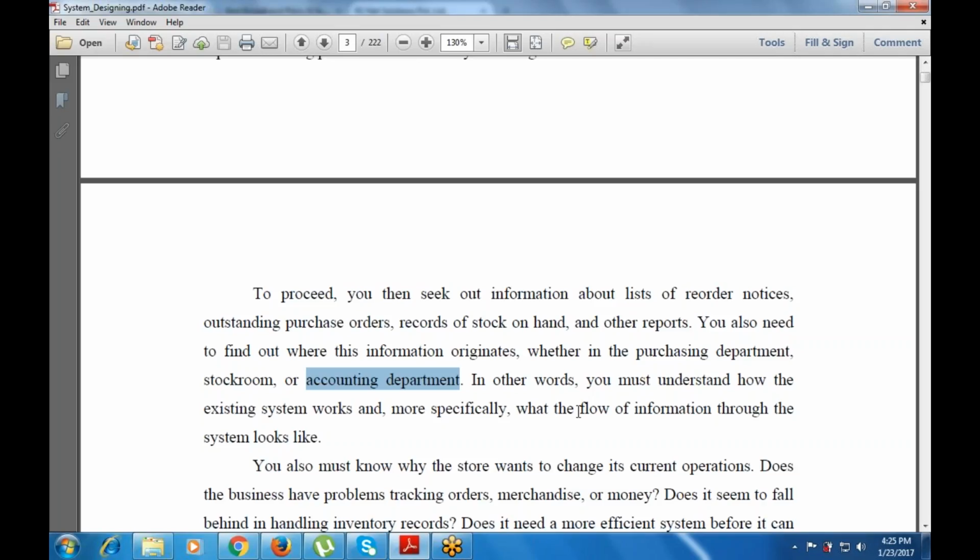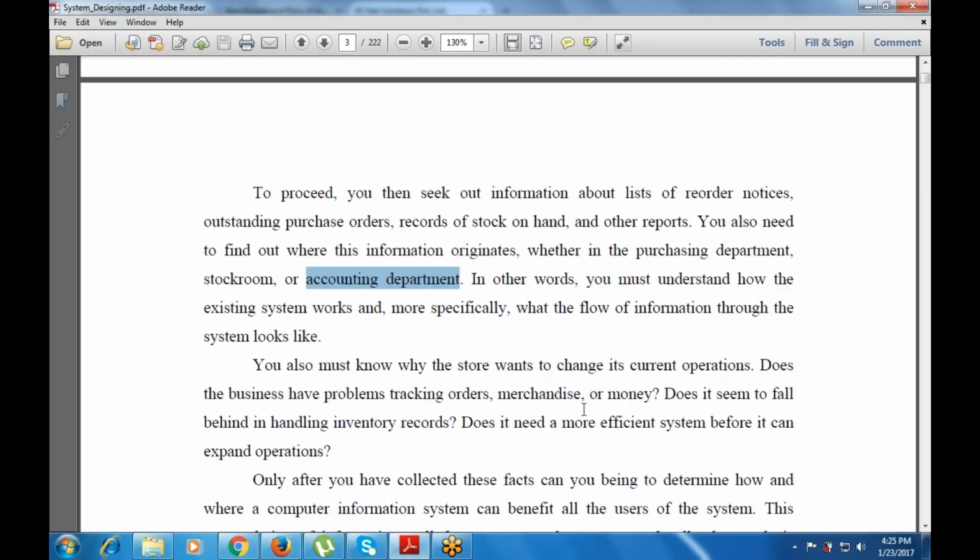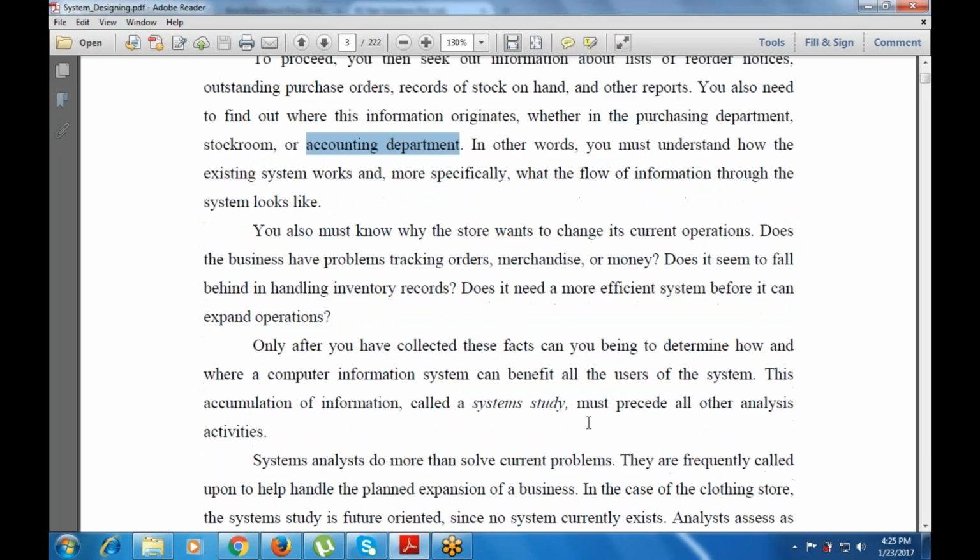Does it need a more efficient system before it can expand its operations?